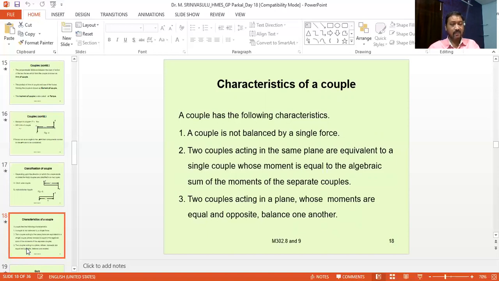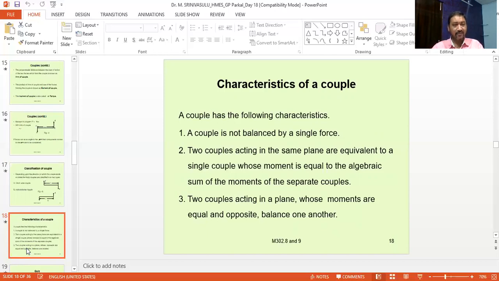Therefore, in order to balance that rotation, or to stop the rotation of the body, we have to apply again an equal and opposite couple. We have to apply two forces again to produce a couple of the same magnitude but in the opposite direction.